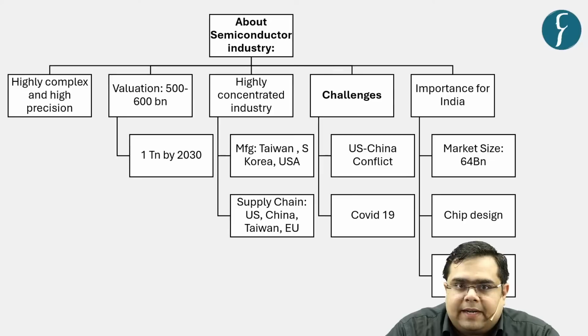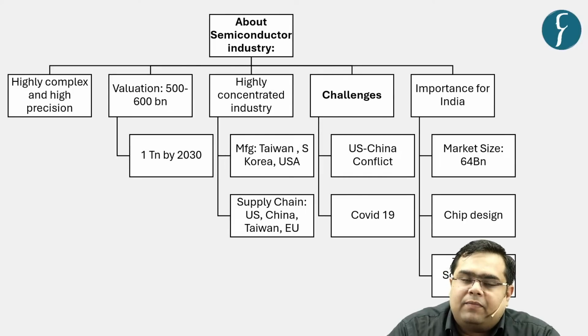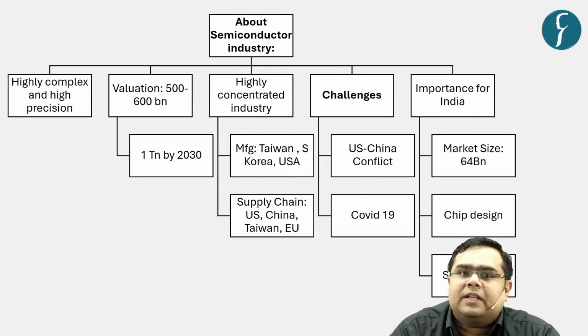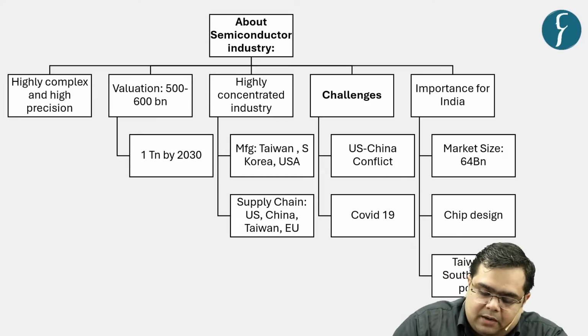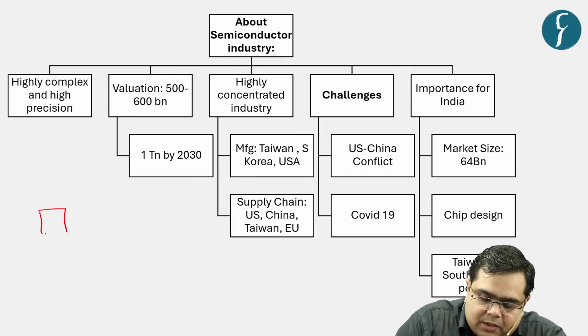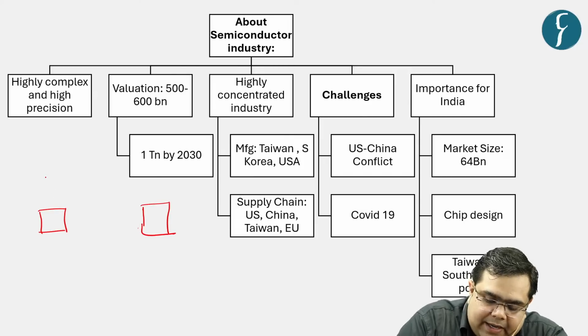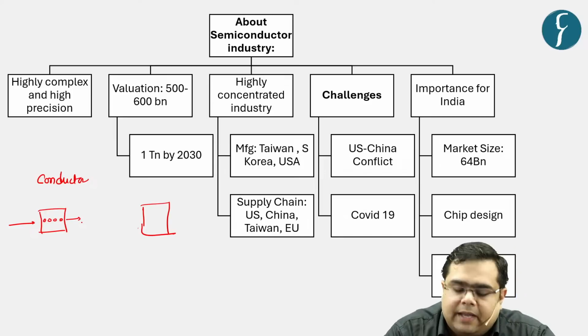So let us move on with the analysis, but before that, let us understand the meaning of semiconductor and what we mean by a semiconductor chip, right? There are two kinds of elements. If we say that a particular element is a conductor of electricity, this means that current can easily pass through the element.